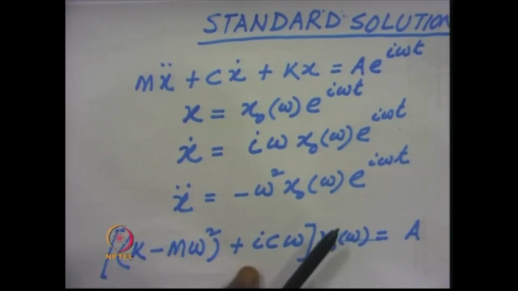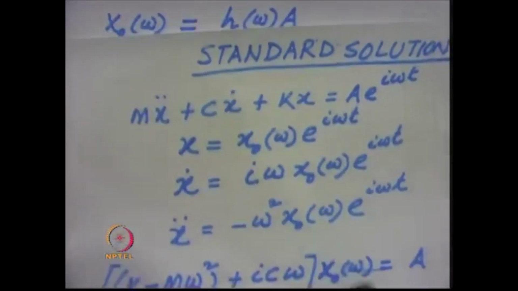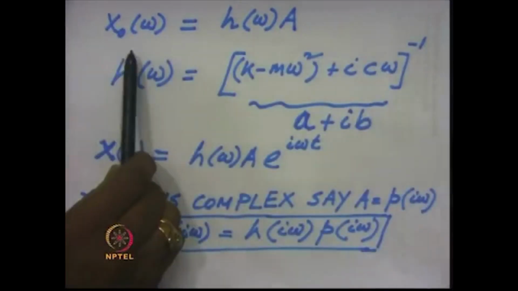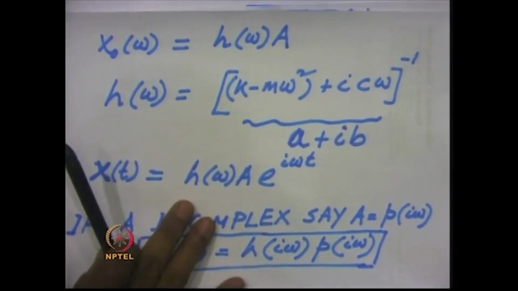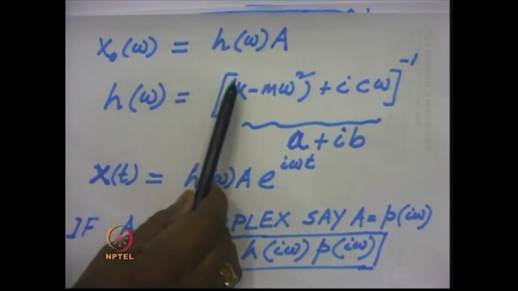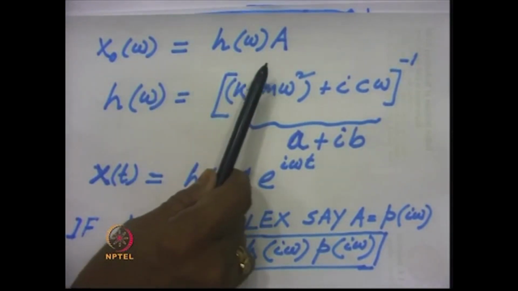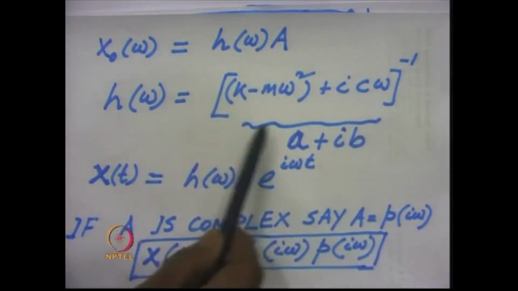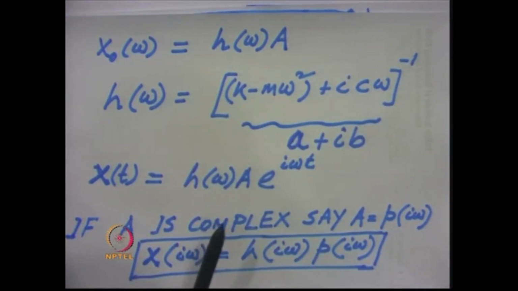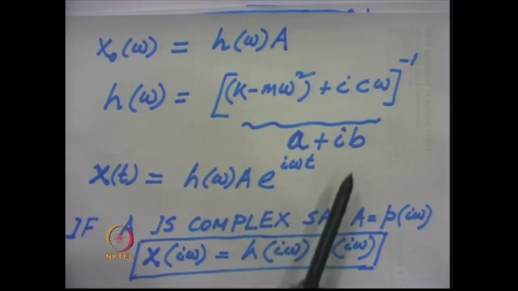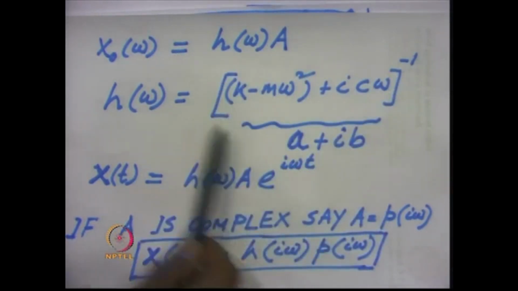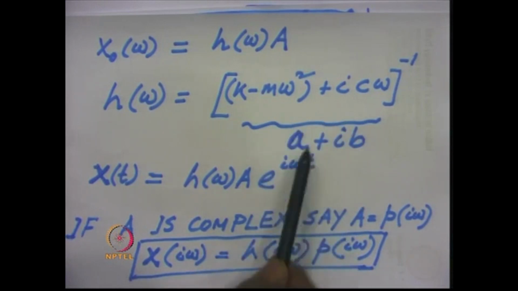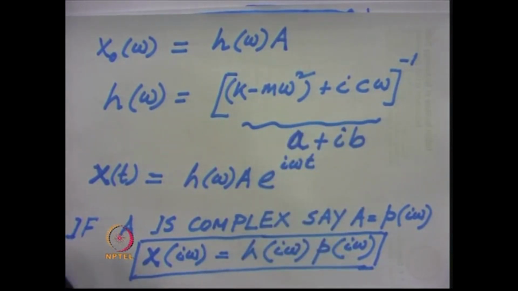Now, once we have this equation, from this we can write down the value of x0 omega as H omega multiplied by A, where H omega will be equal to the inverse of k minus m omega square plus I c omega. And in fact, if we make this inversion, then it will come in this form as a complex number a plus I b.